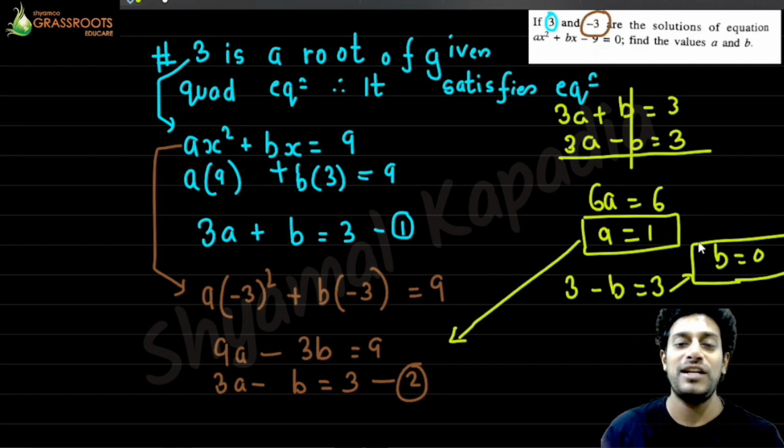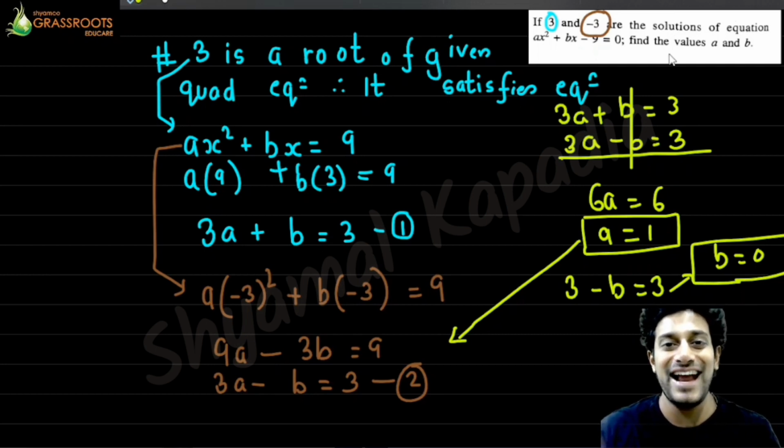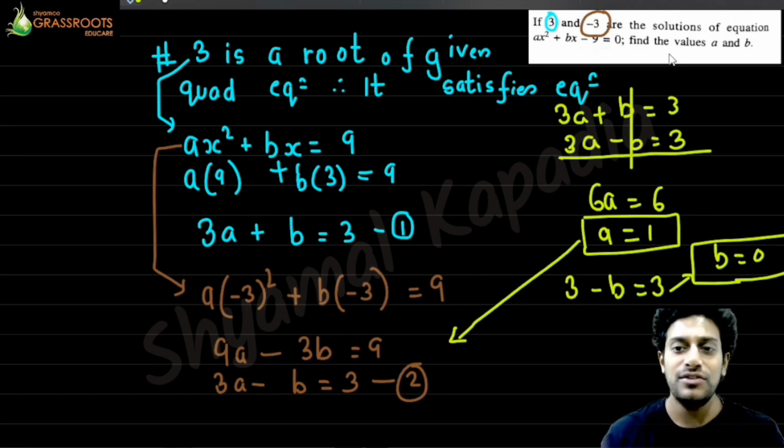So the value of a is 1 and b is 0. This ends my type 1. What was type 1? Check whether it's a solution or not. So just go through this and we will quickly proceed with type 2, which is find the roots or nature of roots of the given quadratic equation.